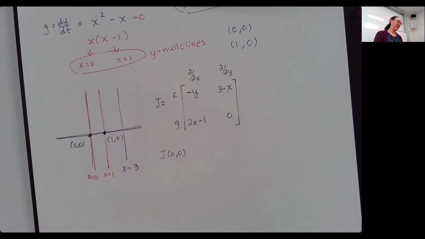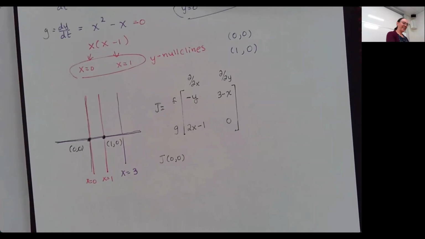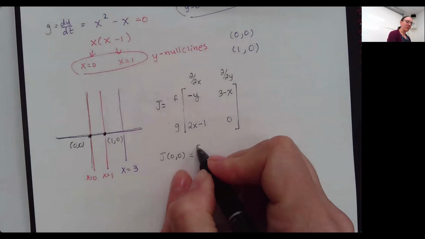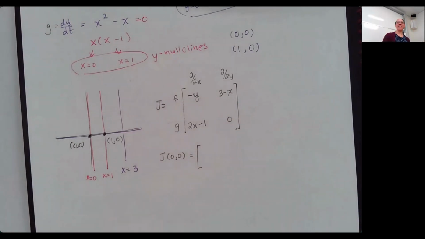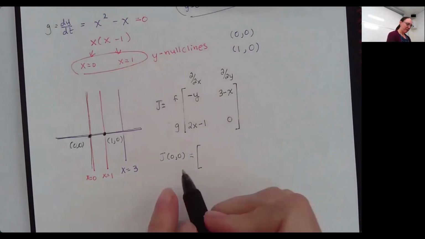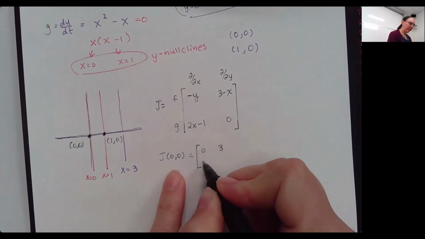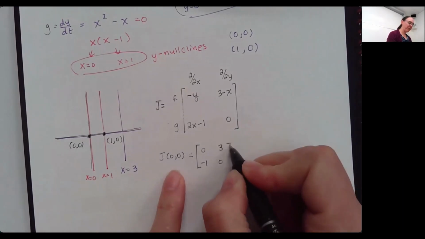Maybe, kind of. So at (0, 0), my matrix of partial derivatives, which is how we're linearizing the system, becomes [0, 3; negative 1, 0].